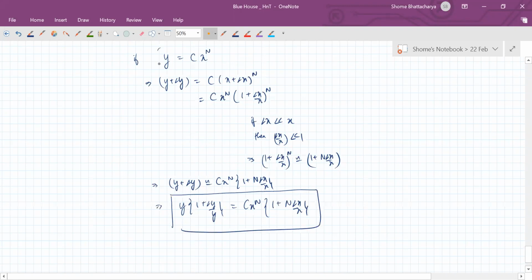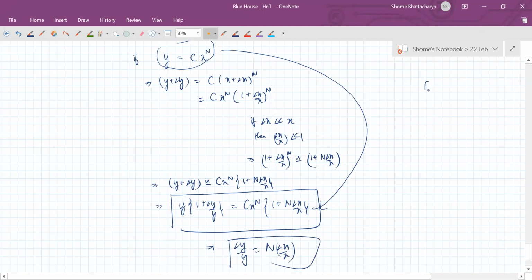Now compare this equation with this equation. For example, if time period is proportional to length to the power half and delta L by L percentage change is, let's say, 0.6%, then delta T by T percentage change will become 0.3%.